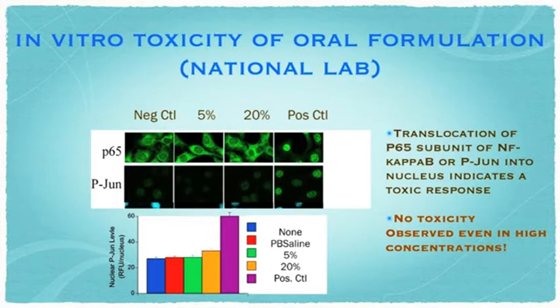So transcription factors like the P65 unit of NF-kappa B and P-Jun were studied. And with varying concentrations of ASEA, you can see that the nucleus of these cells didn't change anything beyond the control, the negative control.